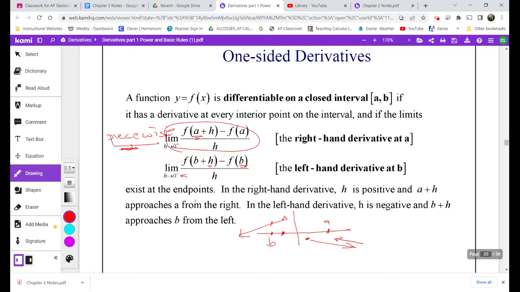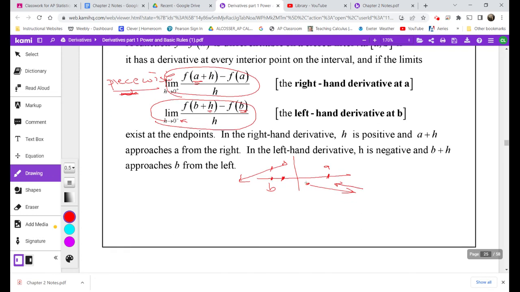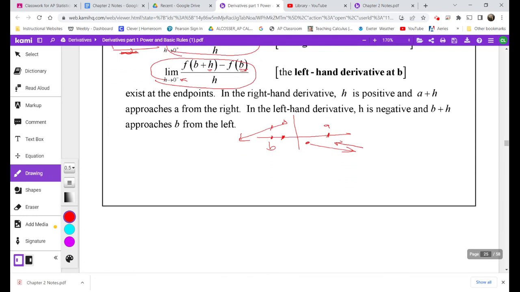And if it was coming from the left, you would use this one. You don't have to be exact with your A and B. Just understand that even one-sided derivatives will still be able to use the formula. You've got to use the correct function according to a piecewise graph, let's say.